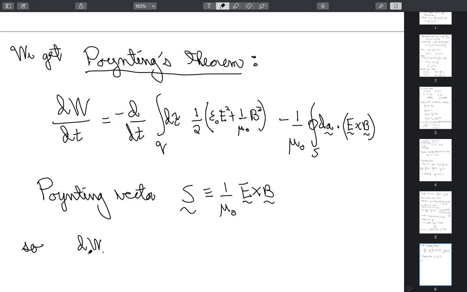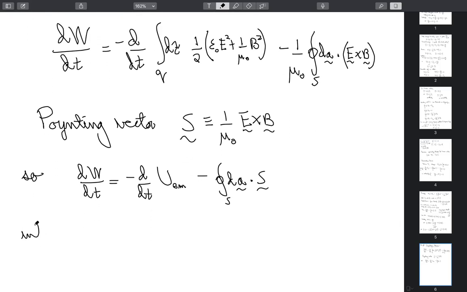We just say that the rate of work is equal to minus d dt of the total electromagnetic energy minus the integral over the bounding surface of the Poynting vector, where the total electromagnetic energy is just what we've written above: the integral d tau of epsilon 0 E squared plus 1 over mu 0 B squared.